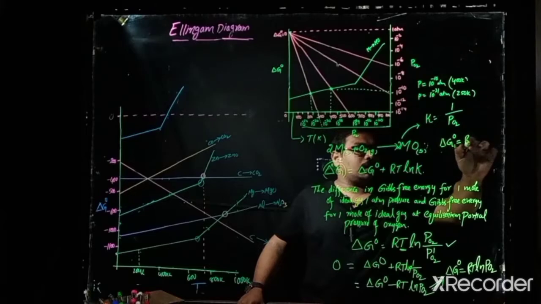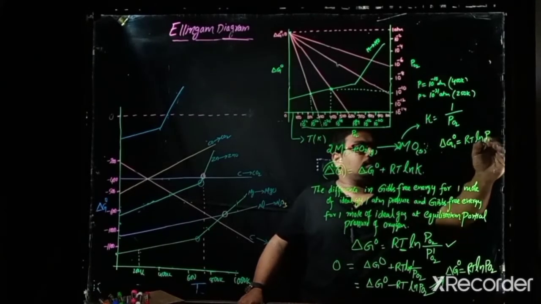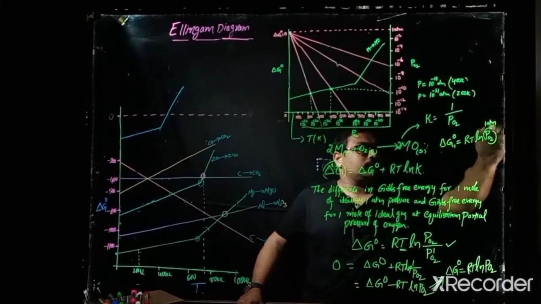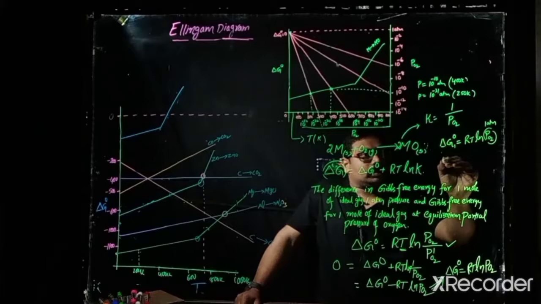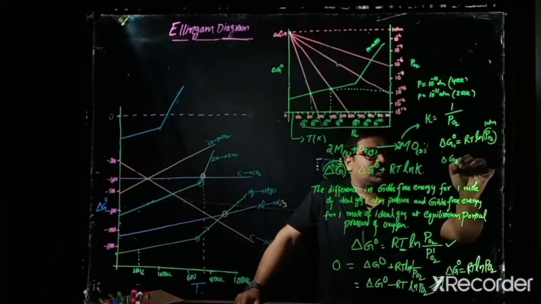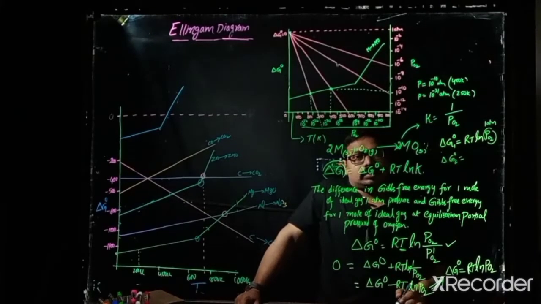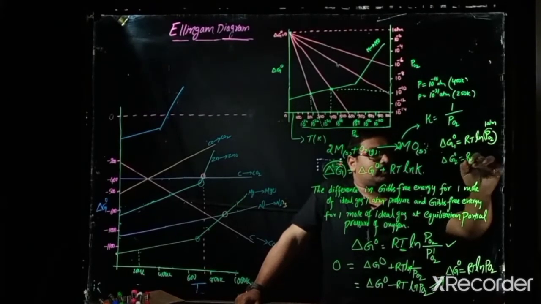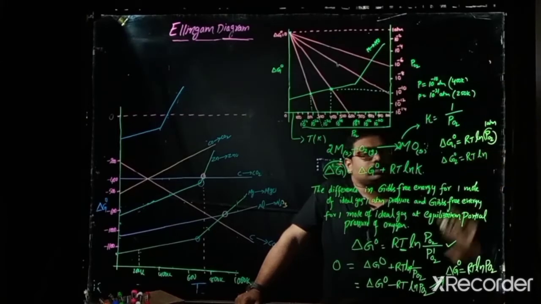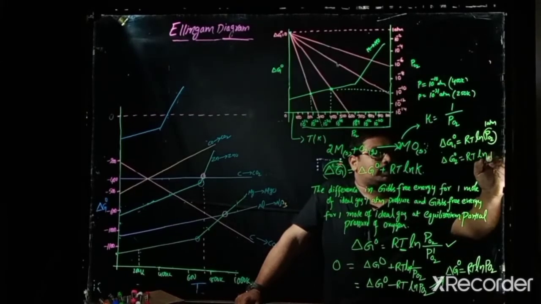So RT ln partial pressure of oxygen at 1 atm, and another term: we are finding the standard Gibbs free energy for the oxidation of metal for 1 mole of ideal gas at equilibrium partial pressure of oxygen.